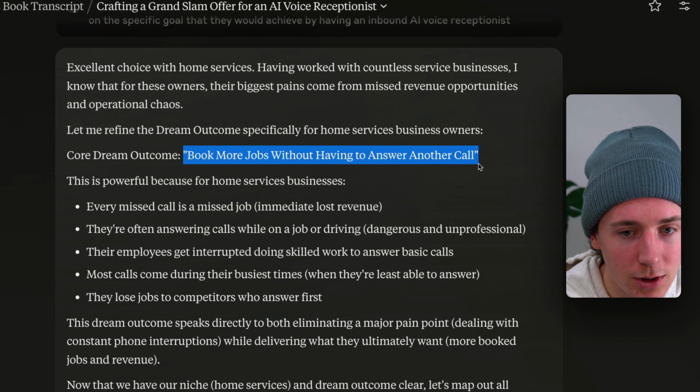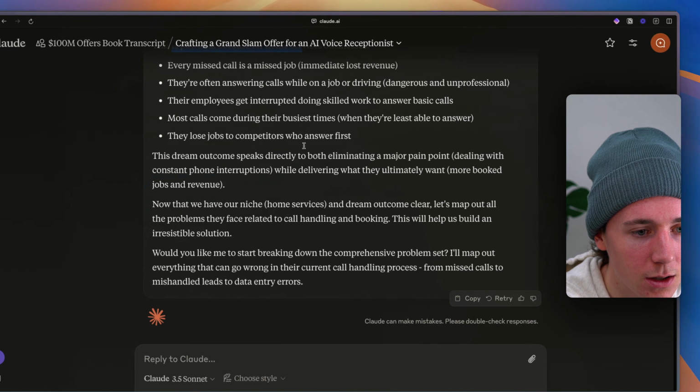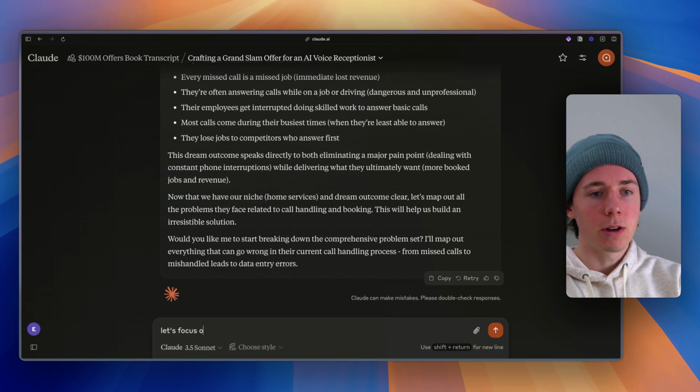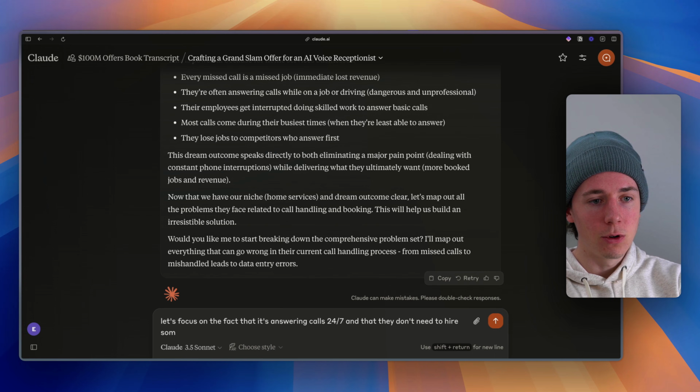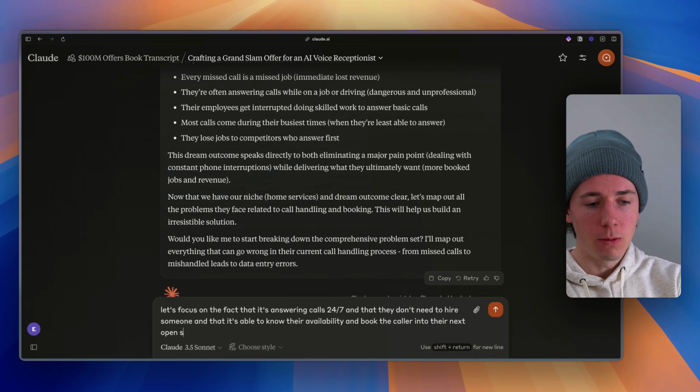So: book more jobs without having to answer another call. Let's focus on the fact that it's answering calls 24/7, that they don't need to hire someone, and that it's able to know their availability and book the caller into their next open slot.